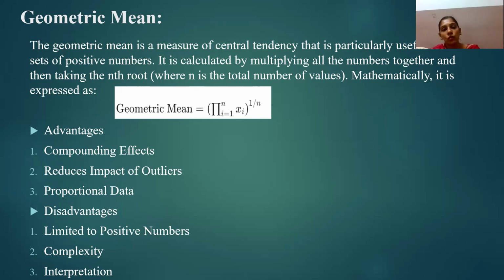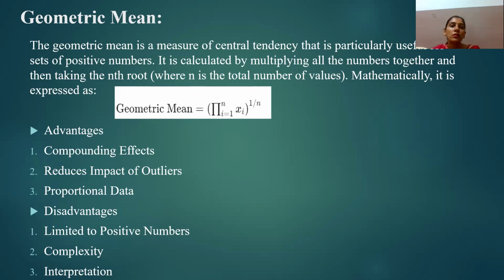Compound annual growth rate is a measure of the mean annual growth rate of an investment over a specific period of time, which is longer than 1 year. So this is how the geometric mean helps in calculating growth rates.